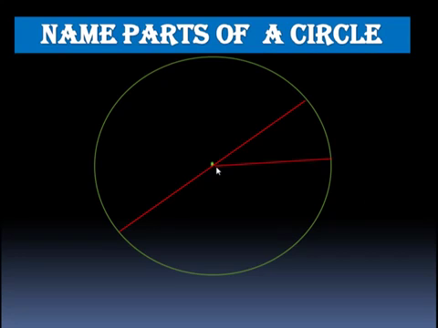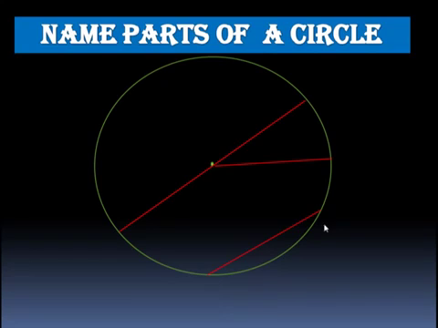And so here we have it again. What line is this? Well, since it starts from the center towards the circumference, we call it a radius. And it's this length that you use to construct a circle, the radius length. We have another line.